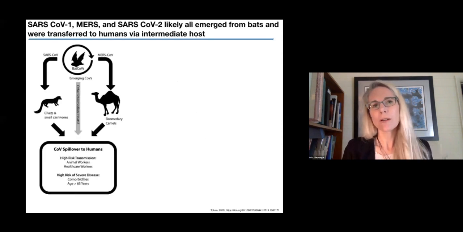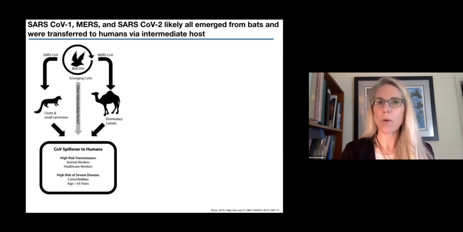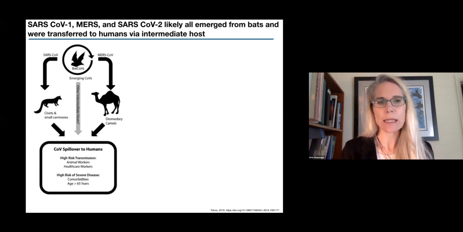For SARS, MERS, and COVID-2, all 3 of these zoonotic strains, the assumption is that they came from bats and were transferred to humans through 1 or more intermediate hosts. And for SARS, we know that the intermediate hosts were primarily civet cats. And for MERS, the intermediate host is likely dromedary camels.